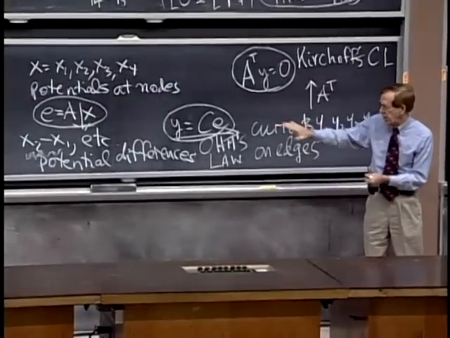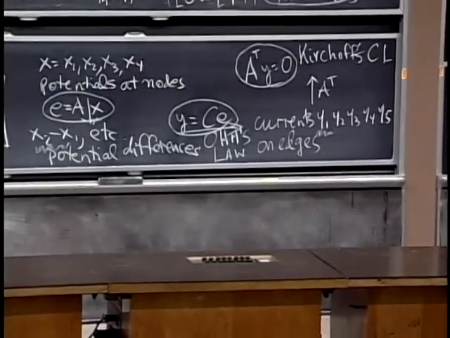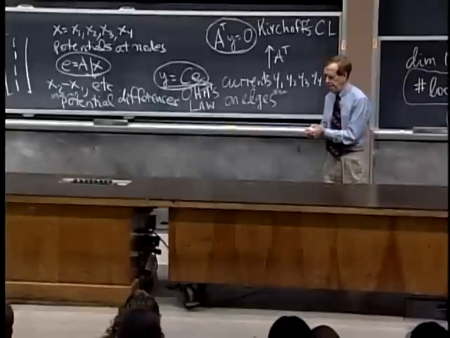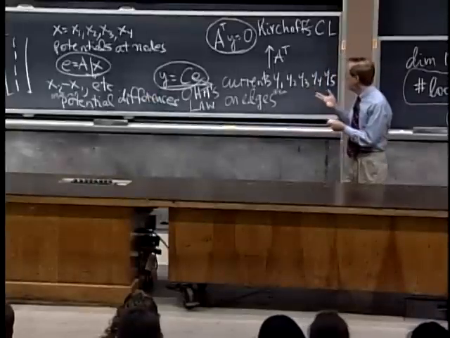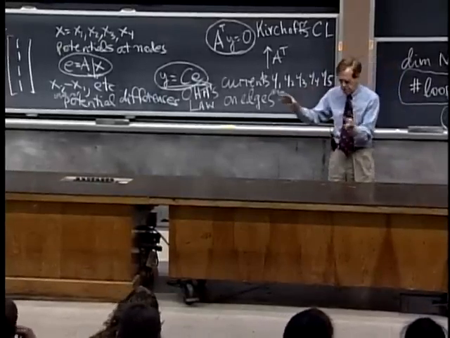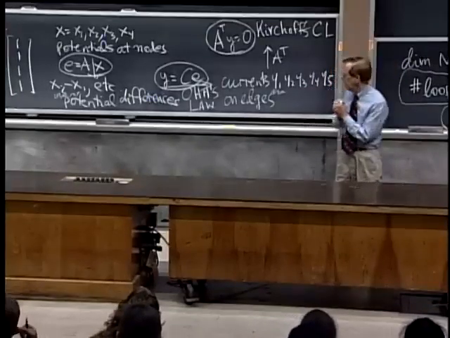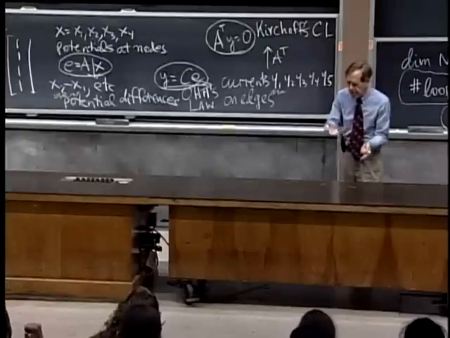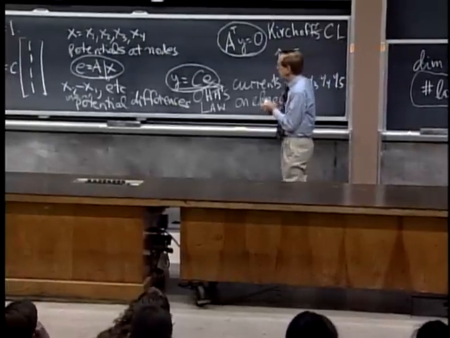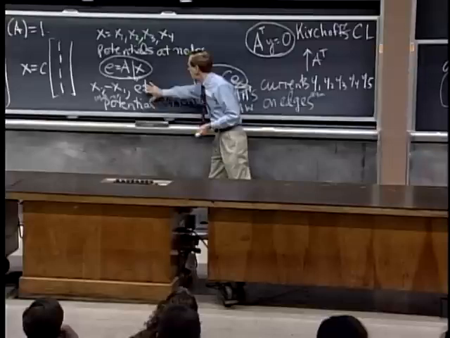The only thing I haven't got yet in the picture is an outside source to make something happen. I could add a current source here. I could add external currents going in and out of nodes. I could add batteries in the edges. Those are two ways. If I add batteries in the edges, they come into here.